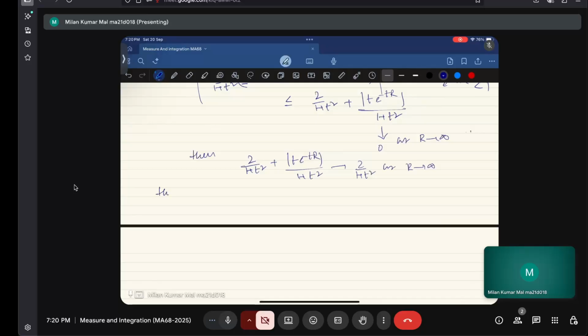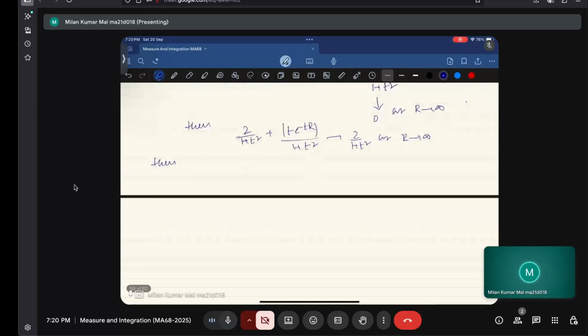Then one can use the dominated convergence theorem.